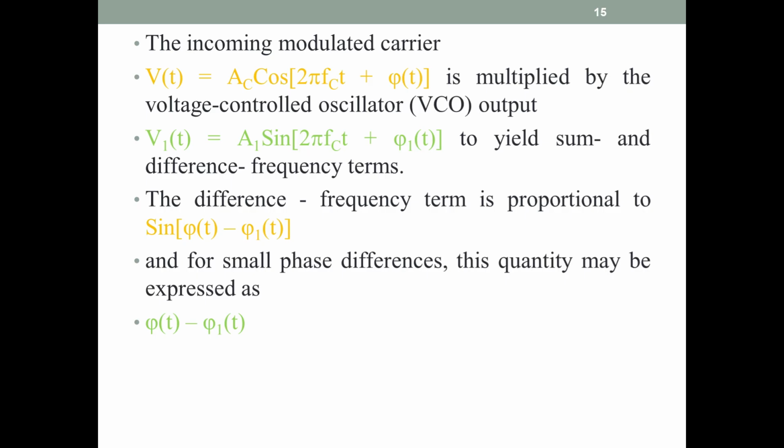The difference frequency term is proportional to sin(φ(t) − φ1(t)), and for small phase differences, this quantity may be expressed as φ(t) − φ1(t).